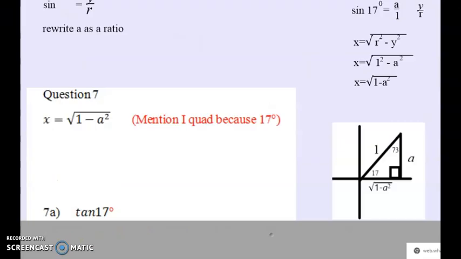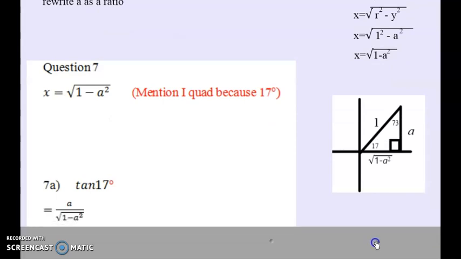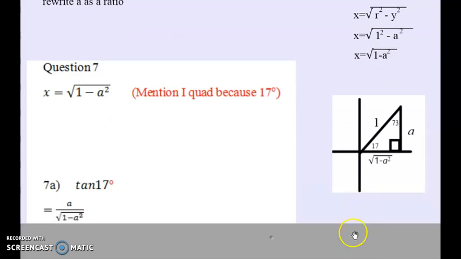So the first question that is asked is, what is tan of 17 degrees? Now I go to 17 degrees, tan is the opposite side over the adjacent side. So my answer is A over the square root of 1 minus A squared. That's it. I don't have to battle with anything else.